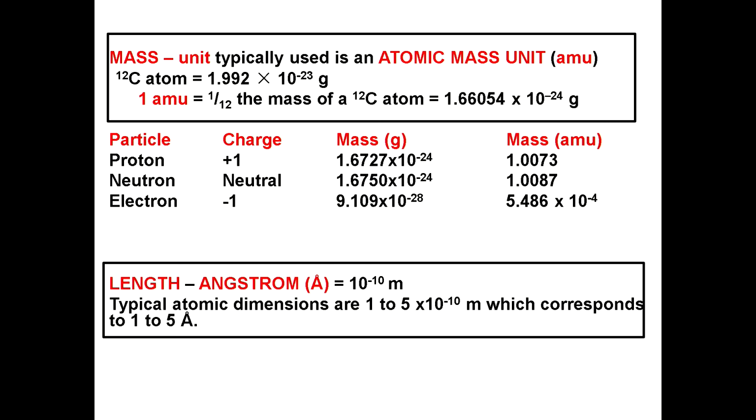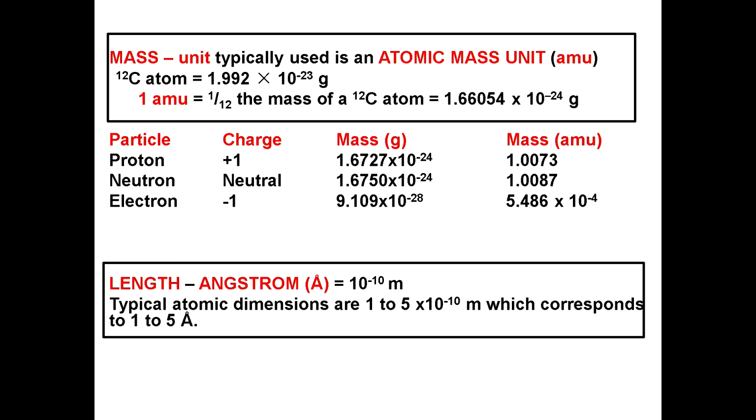For one neutron, the mass in grams divided by the same number gives 1.0087 AMU. So the mass of proton and neutron are almost similar, but of course the proton has +1 charge and the neutron is neutral.